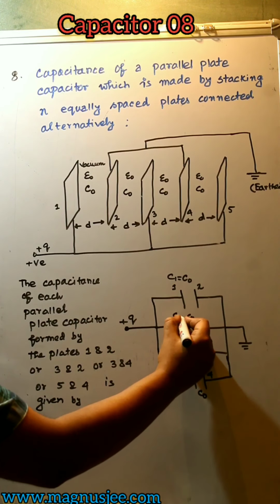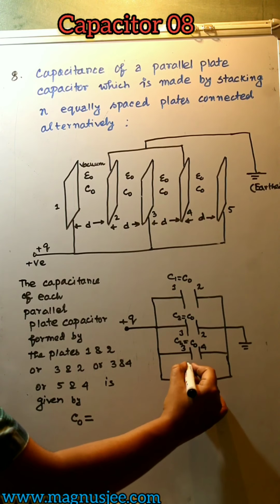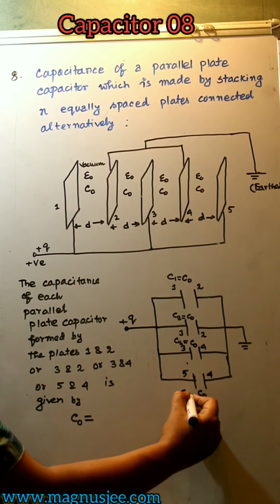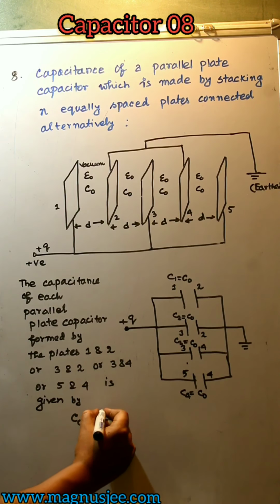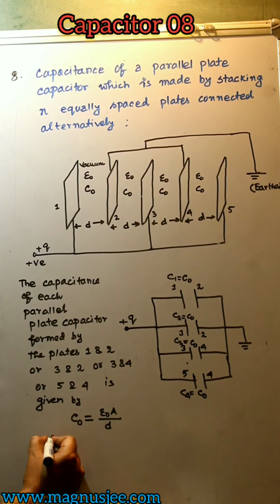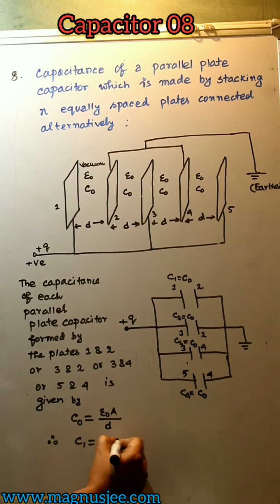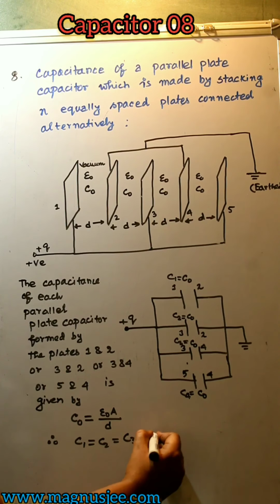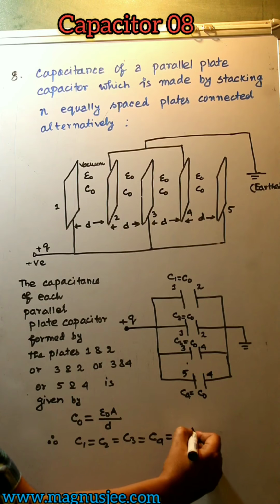So C1 is equal to C0, C2 is equal to C0, C3 is equal to C0, and C4 is equal to C0. Now C0 is epsilon 0 A divided by D, according to the formula of capacitance of a parallel plate capacitor. Therefore C1 equal to C2 equal to C3 equal to C4 equal to C0 equal to epsilon 0 A divided by D.